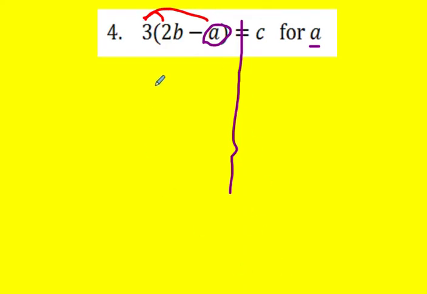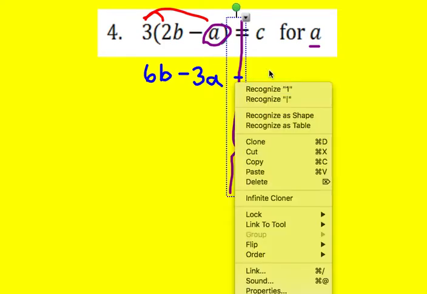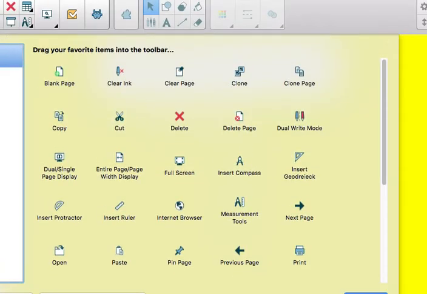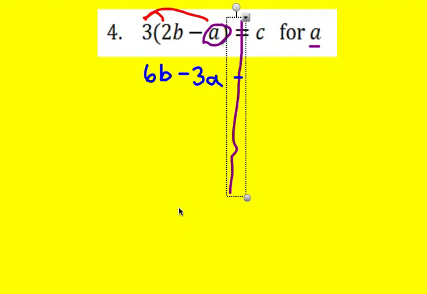So when I do that, I have 6b minus 3a. And that distribution does not impact the right-hand side at all. So the right-hand side is still going to be just C.